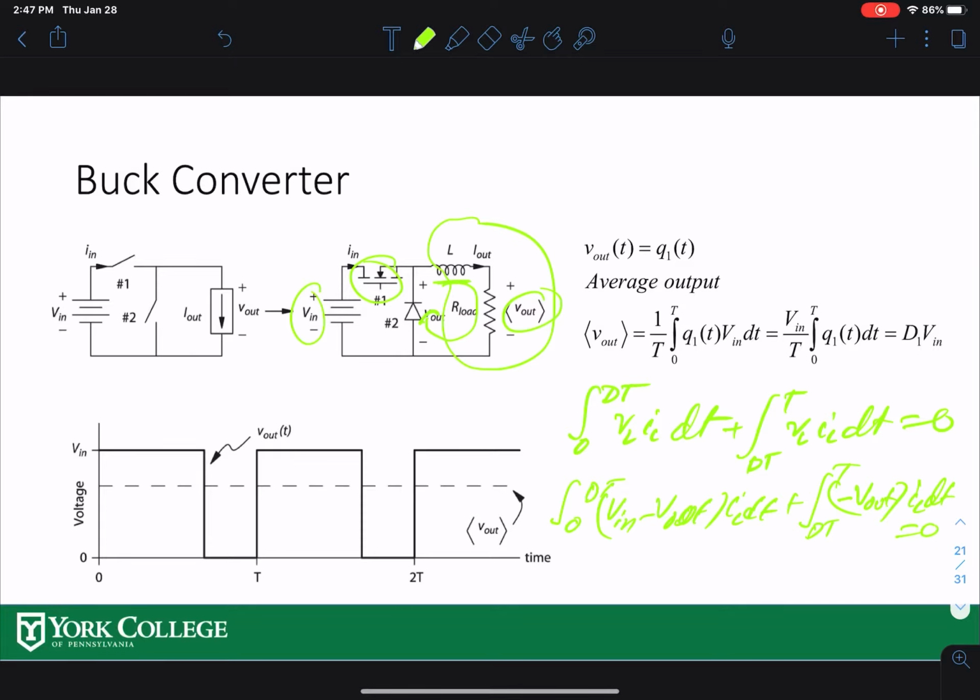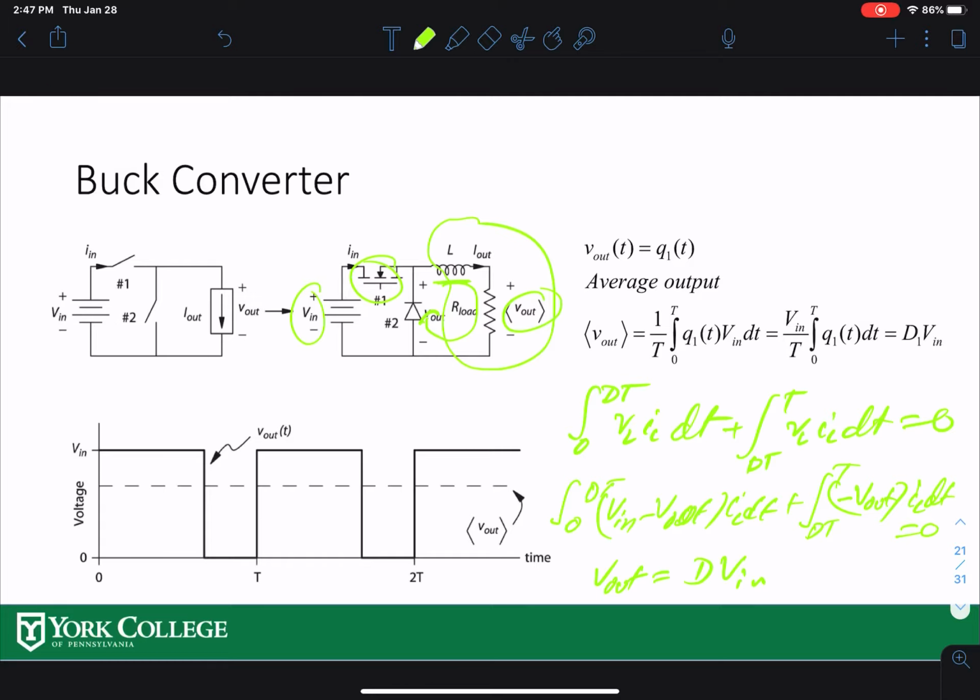If you finish this integration and some algebra, you should get V_out equal to D times V_in. You should get that equation right there: V_out is D times V_in.